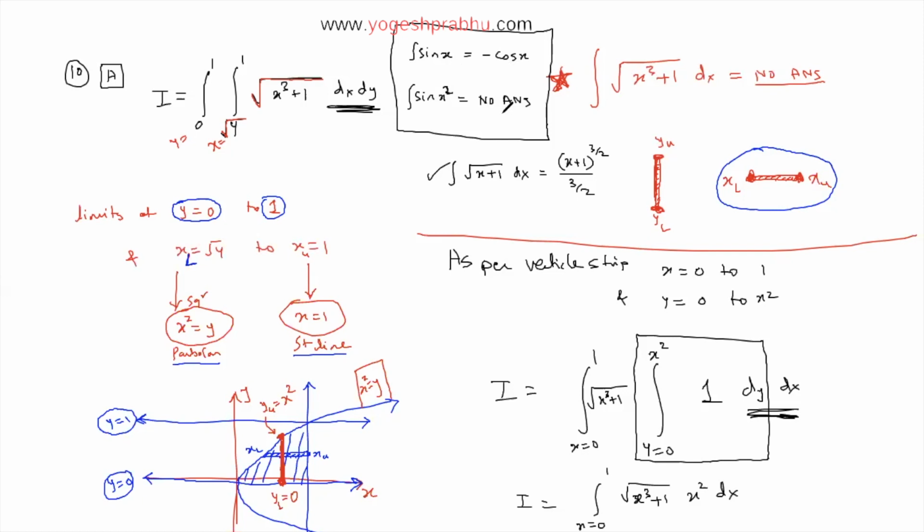Okay. Are we clear about this? Yeah. So the trick we did is we just changed the order. Tell me what happened when I changed dx dy to dy dx. I will integrate y first, right? Yes. And when I integrate y first, I'm keeping x as a constant.